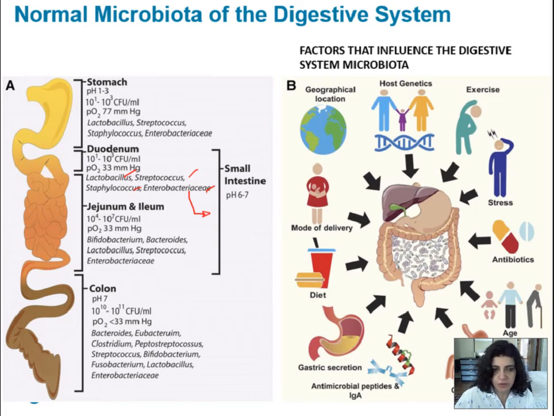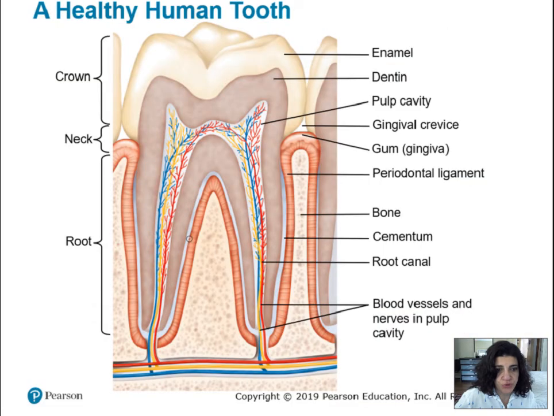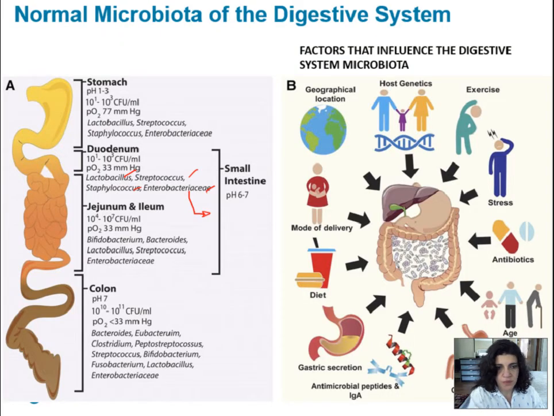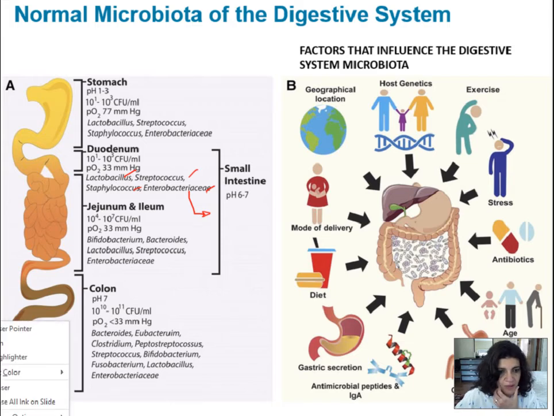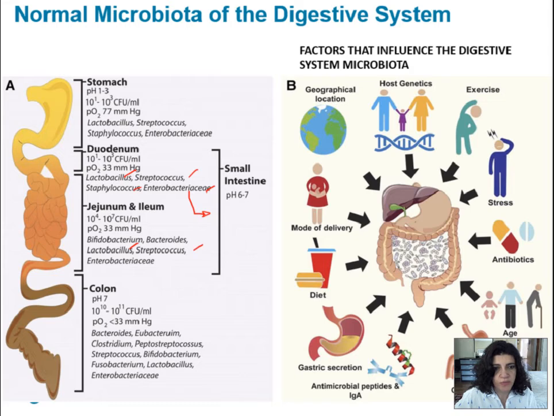And there are other ones too. In the jejunum, you have mostly bacteroids, Lactobacillus, Streptococcus, and Enterobacteriaceae. And in the colon, where most of the bacteria are, you can see that the types are similar.